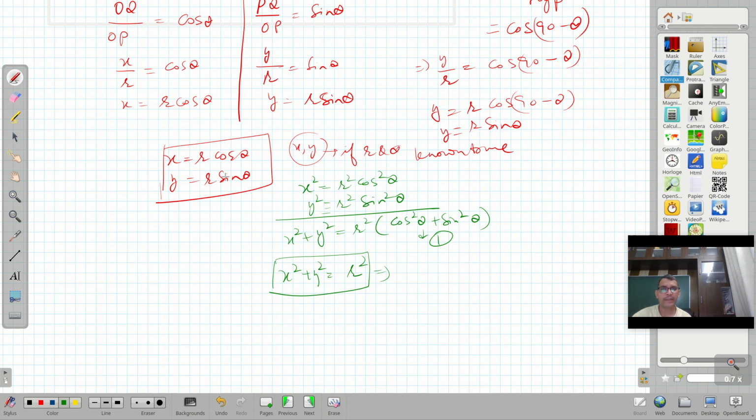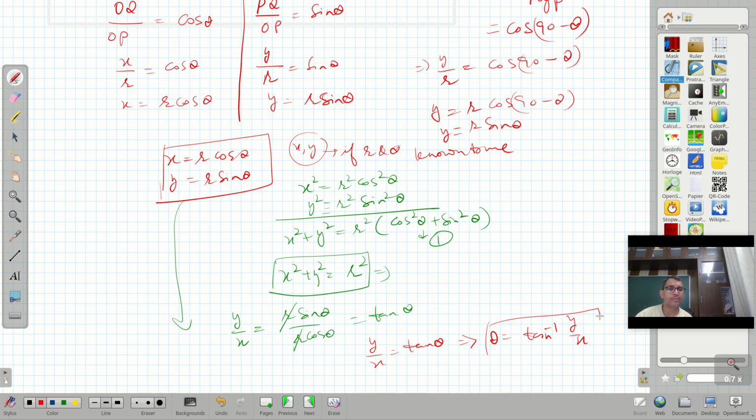Also, if I take ratio of these two, means y upon x is equal to r sin theta over r cos theta. R will cancel out, so it is tangent theta. So that means y upon x is equal to tangent theta, or I can say that theta is equal to tan inverse y upon x.